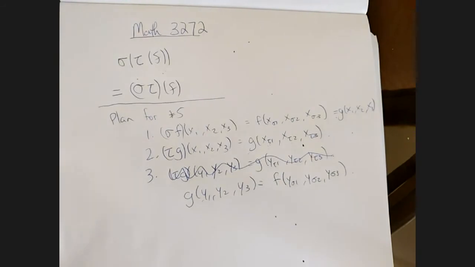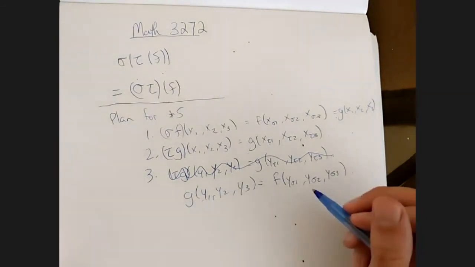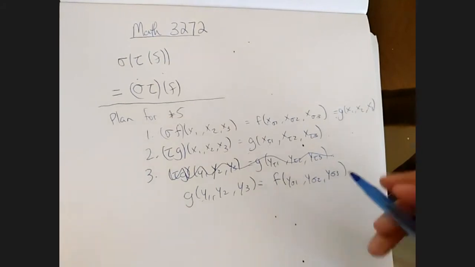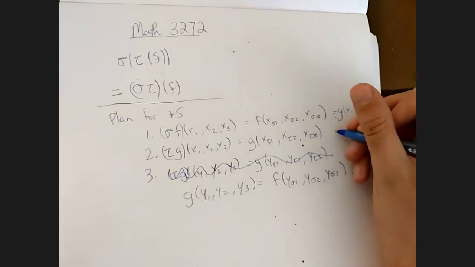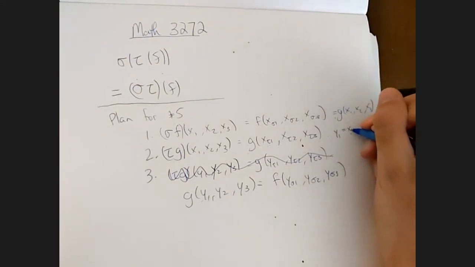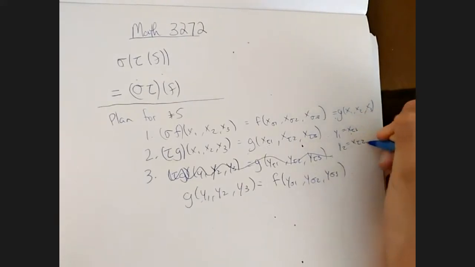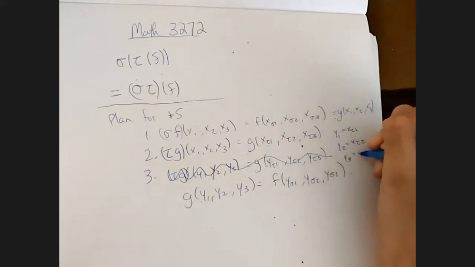Okay, so let me try and unravel what's happening here to explain it. We make this substitution: we put y1 to be x tau 1, y2 to be x tau 2, y3 to be x tau 3.